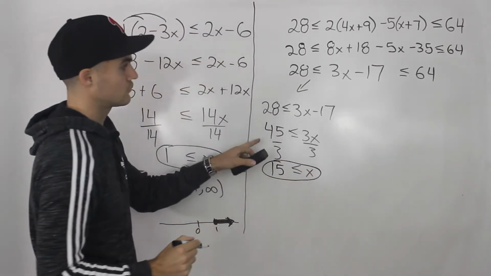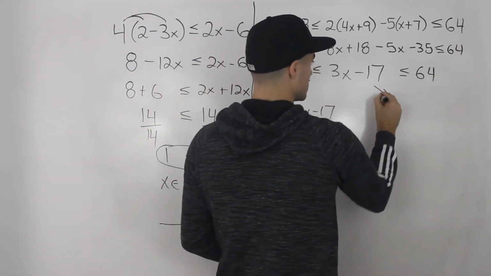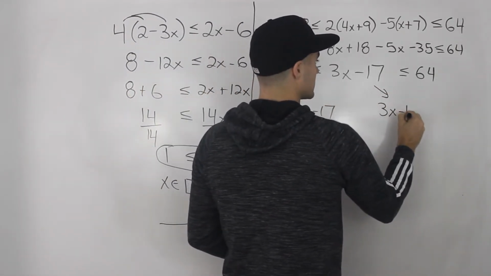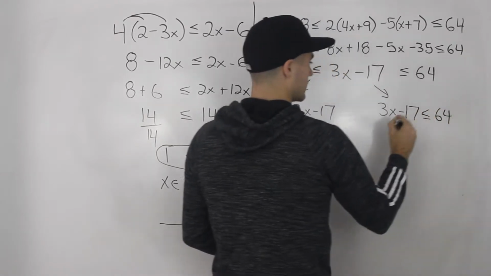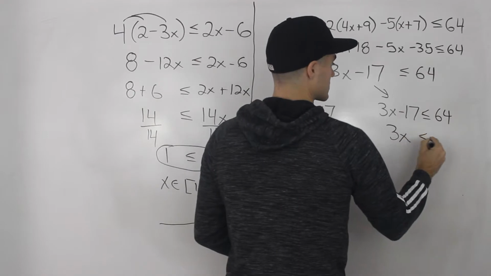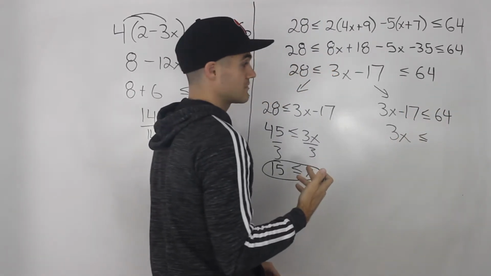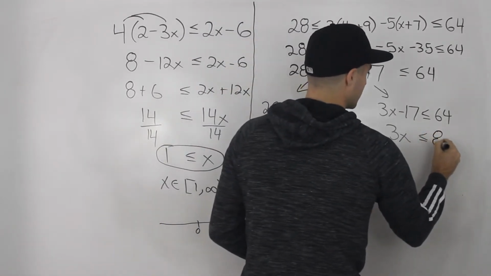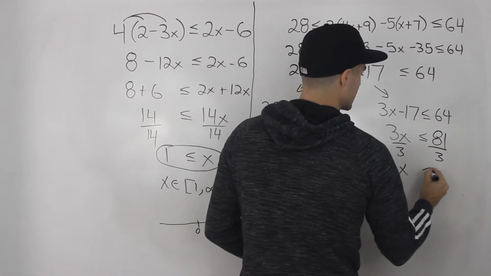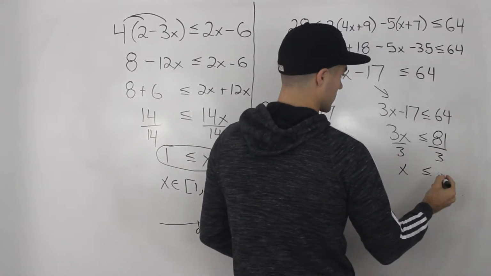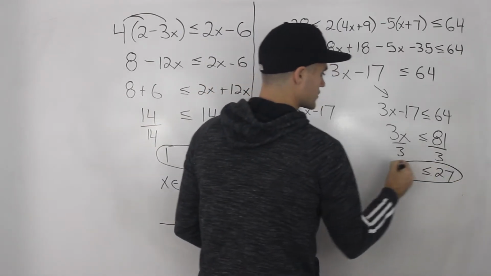That's the solution for this inequality. Then moving over to this side, we have 3x minus 17 is less than or equal to 64. So we have 3x, bring the 17 over, 64 plus 17 gives us 81. Divide both sides by 3, x is less than or equal to 27. So that is the other solution.